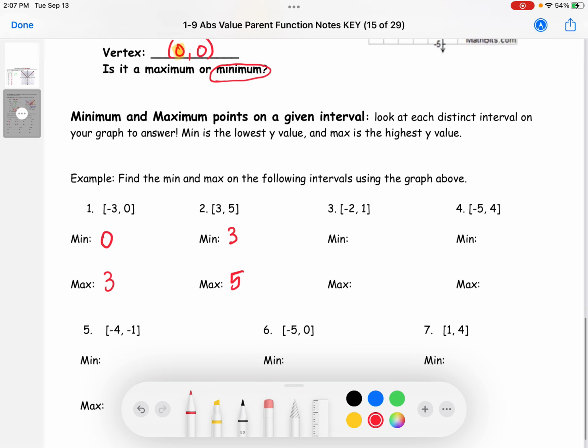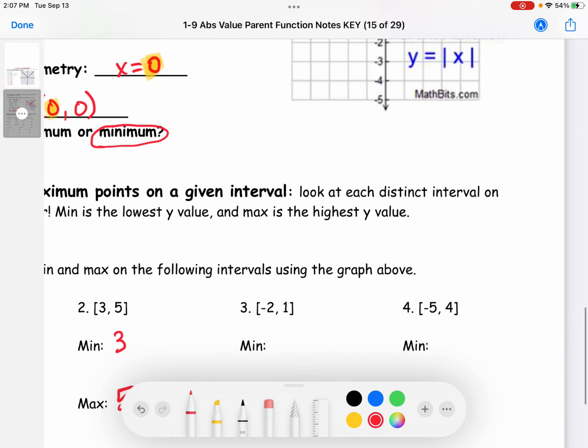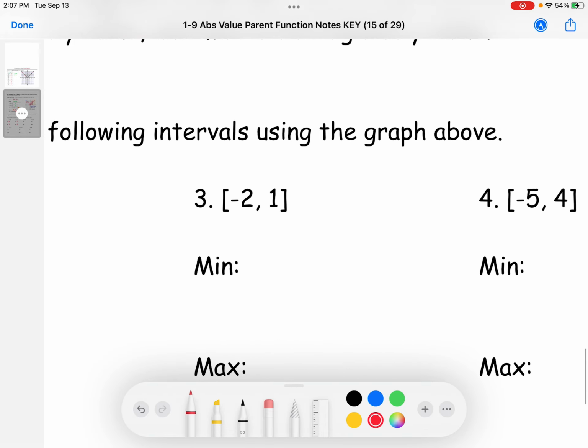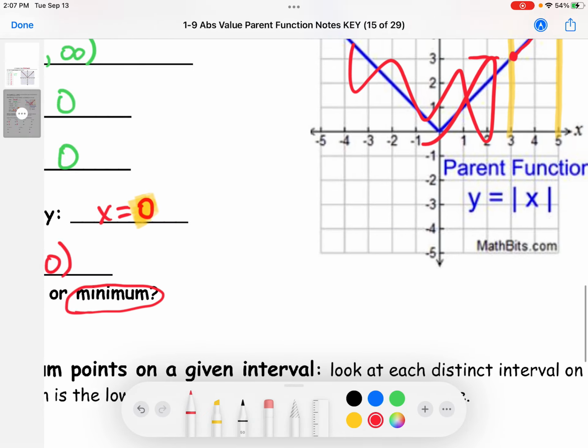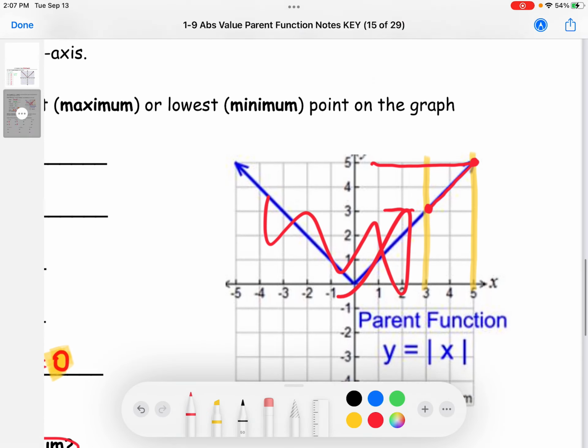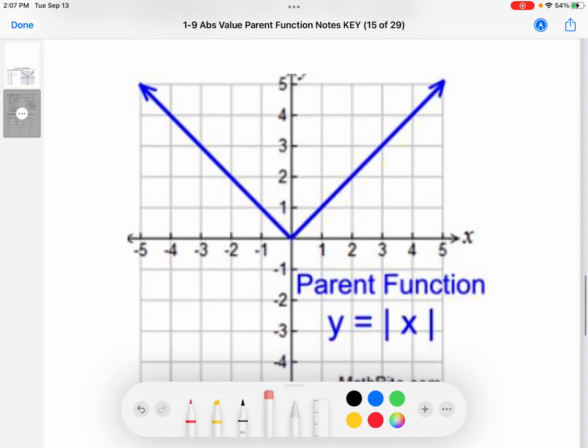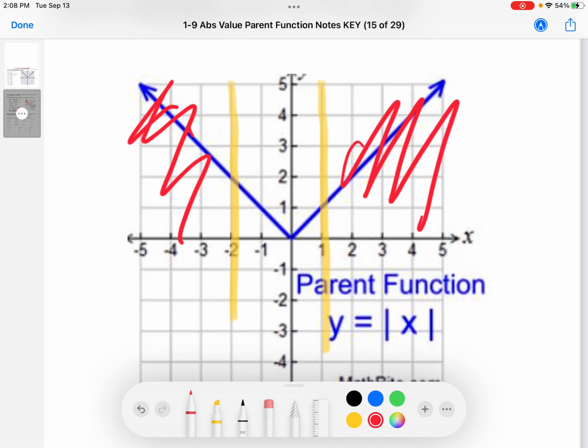Okay, let's do number 3 and 4. We'll skip 5, 6, and 7. Call it a day. All right, number 3 gives us the interval from -2 to +1. So I'm going to clear this off again. In between the values of -2 and +1, we don't care about any of the rest of this. We are only interested in this piece of the graph right here.